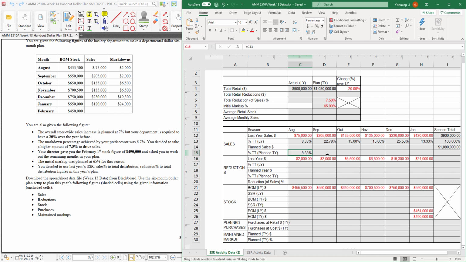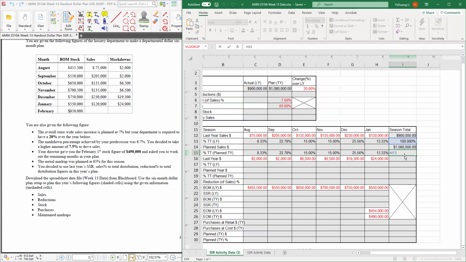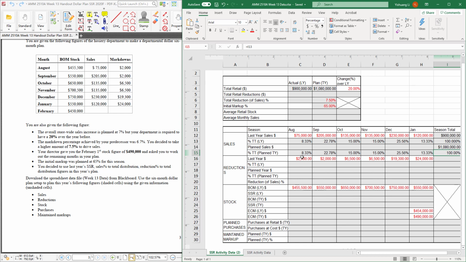And we can apply everything here to see if this equals to 100%, and we can double check. And then for this year's monthly plan sales, what we can do is use the formula, the percentage distribution of this month times the season total.